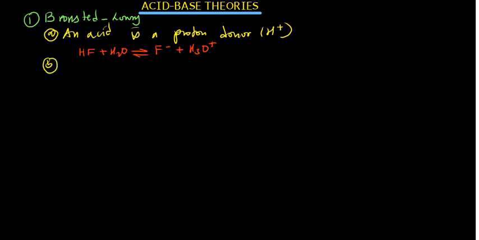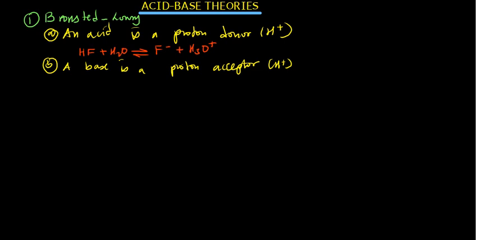A Bronsted base is defined as a proton acceptor. And same, when we talk about proton, we are referring to a hydrogen ion. So we are defining an acid and a base in terms of just hydrogen ions according to Bronsted theory.